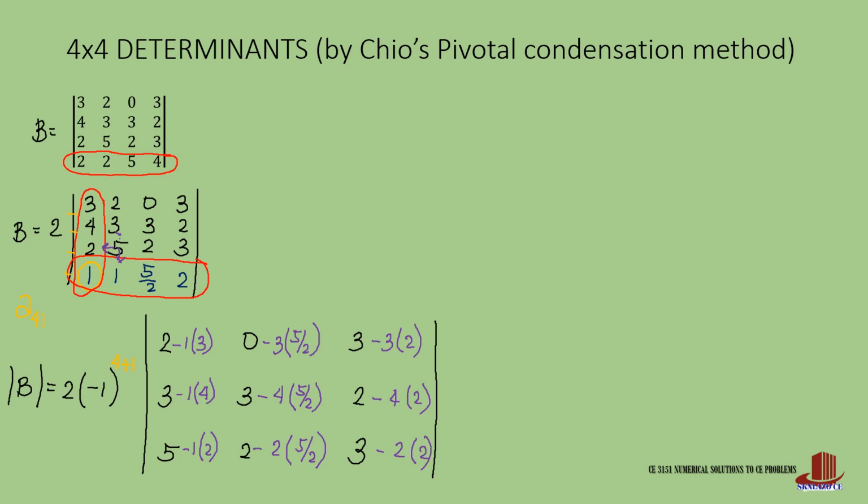Now let's simplify our matrix. So 2 times -1 to the 5th power would just be -2. Then we will take this as 2 times minus 3 would be -1, 3 minus 4, then 5 minus 2 would be 3. Oh, +3, sorry.